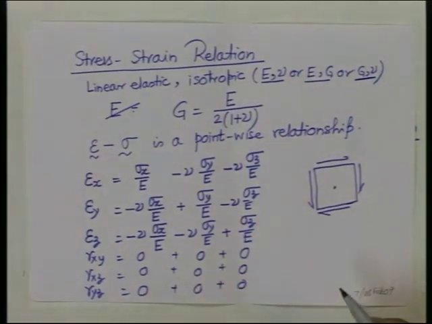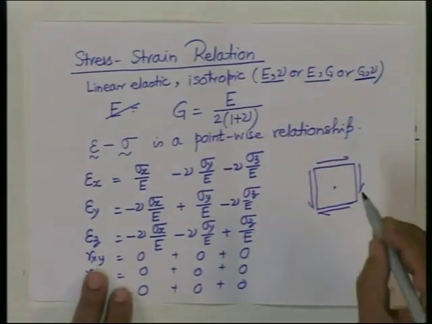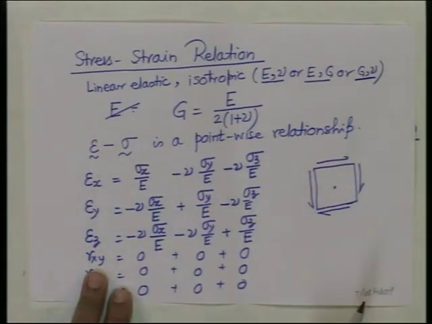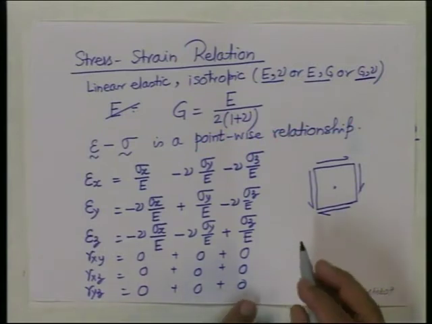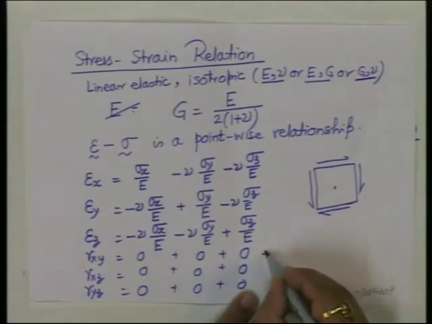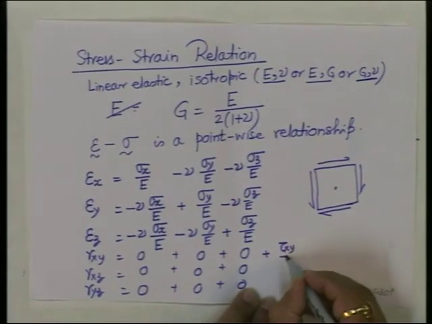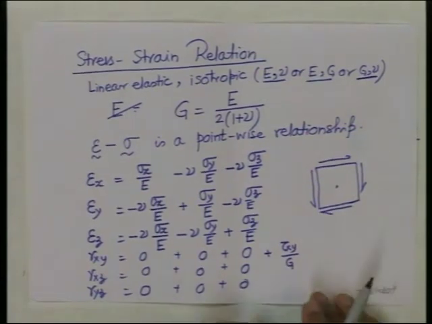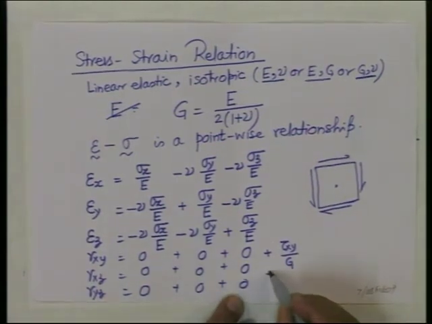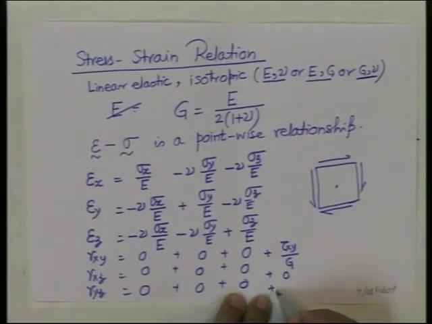So, when you apply tau xy, let us say in the xy plane, if the material is isotropic, that will produce only the corresponding shear strain. Gamma xy will be tau xy by G. All other strains will be 0 because of that.